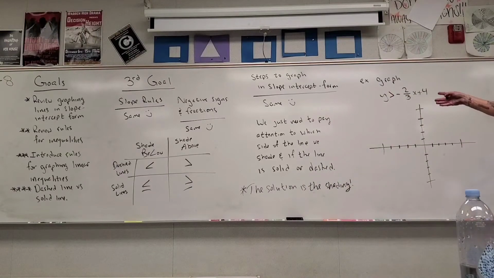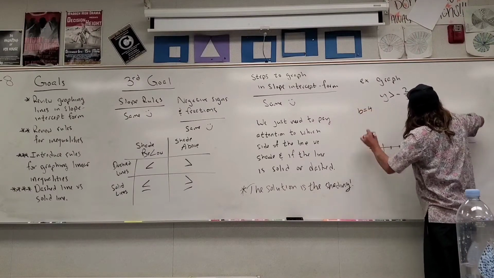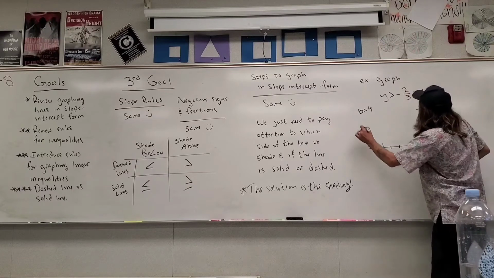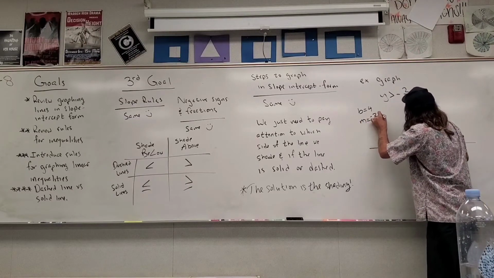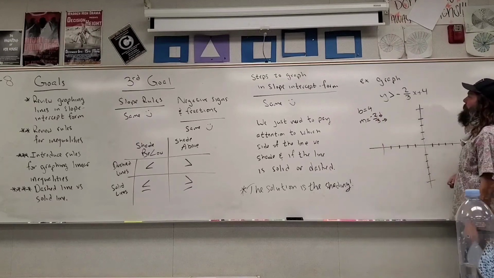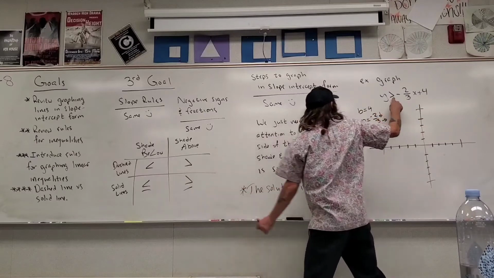All right, so let's go ahead and graph this. I begin at 4, so b is 4. I'm going to put the negative with the 2, so m equals negative 2 over 3. So I rise down 2 and I run 3. My line, I shade above and it's dashed.